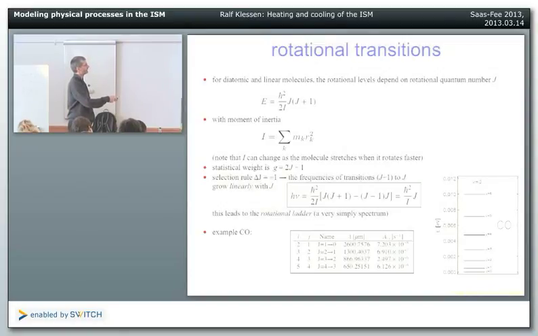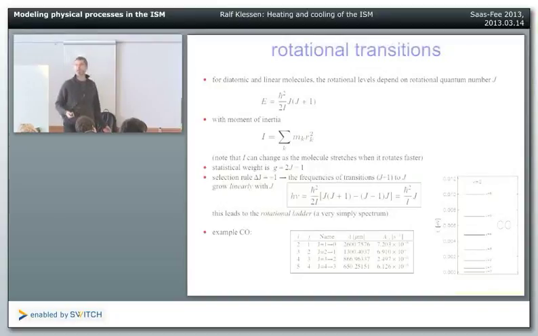The selection rule tells us that delta J must be plus minus 1. So again, this gives a very simple spectrum. The transition energy scales linearly with the rotational quantum number, right? So this leads to a rotational ladder. Let's say for CO, these are the first transitions, and tuck, tuck, tuck, tuck, tuck.